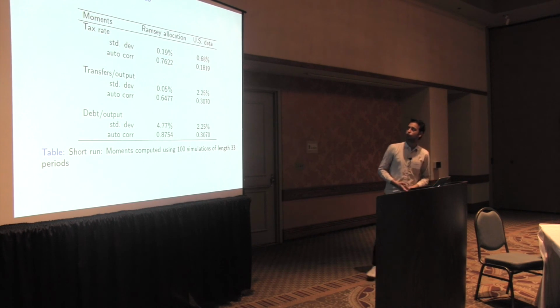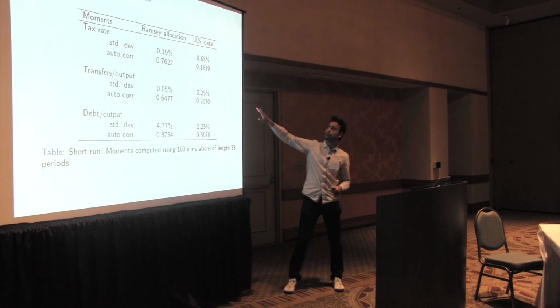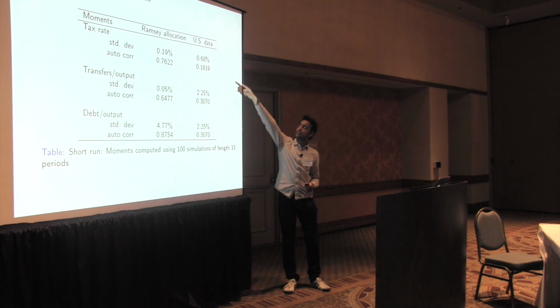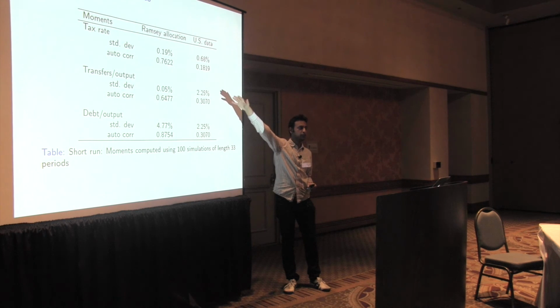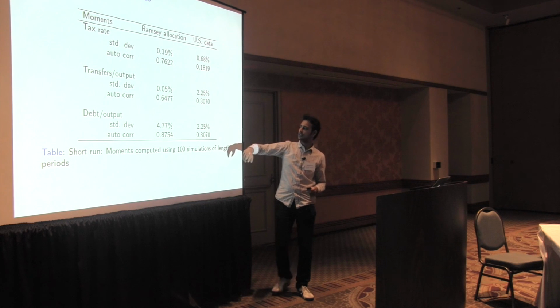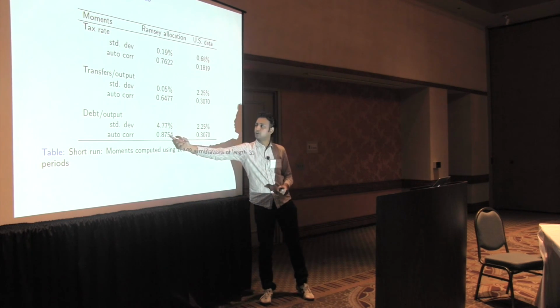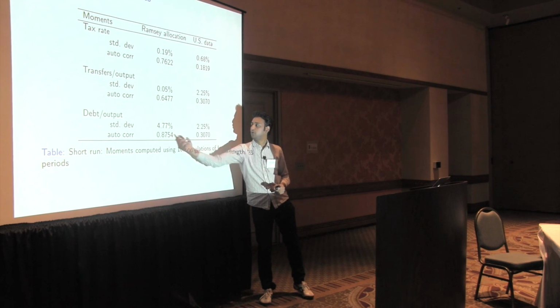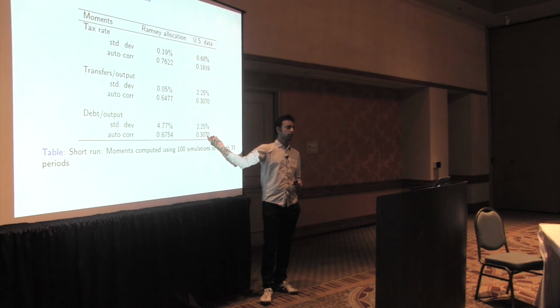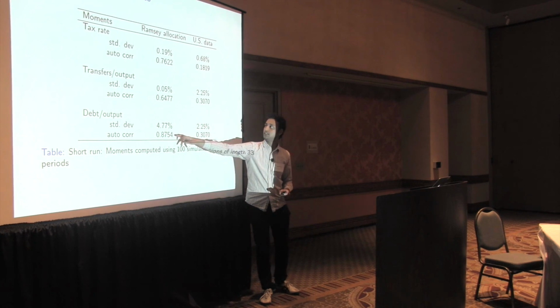And the last thing I want to show you is how the Ramsey allocation compares to the US data. So taxes are not that volatile in the US. Of course, they are smoother in the optimal plan, but both numbers are kind of small. The key differences are here. The autocorrelation in the optimal plan is 0.87 relative to 0.30, so that is more persistent.